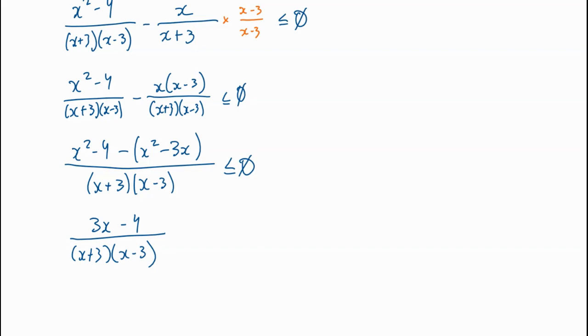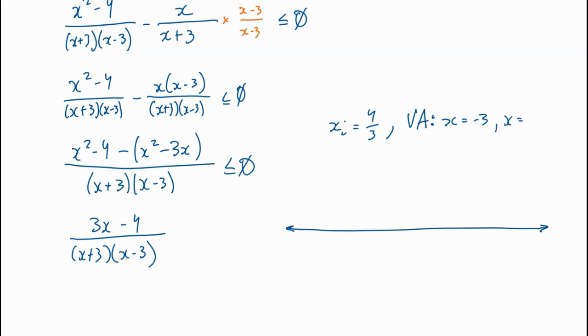If we compare this to the polynomials where we sketched, and then the absolute value where we were doing interval testing, this is like a mixture of both. So we are going to do a number line. Do you remember what we mark on the number line? This has an x-intercept of 4 over 3 and vertical asymptotes of x equals negative 3 and x equals positive 3.